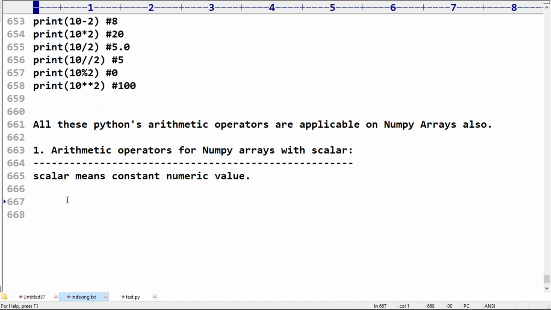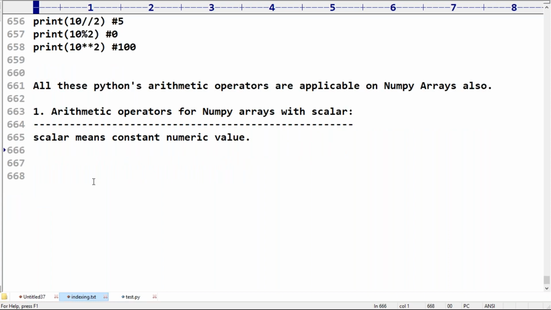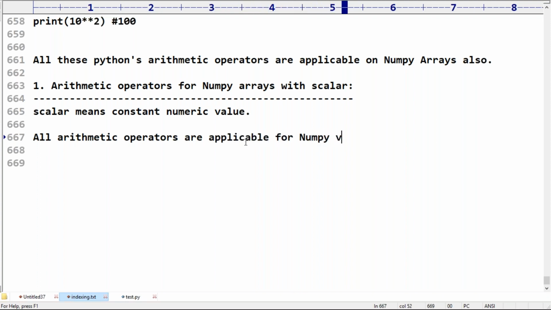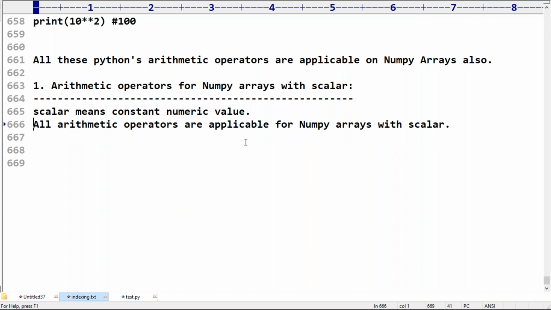Now all arithmetic operators are happily applicable on NumPy arrays with a scalar value.